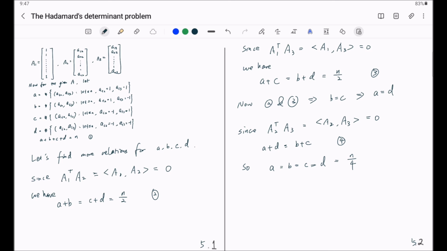And in particular, this gives us that 4 divides n. This must be an integer. And this finishes the proof of this theorem.